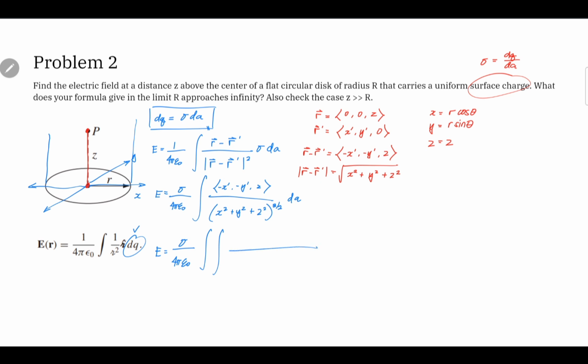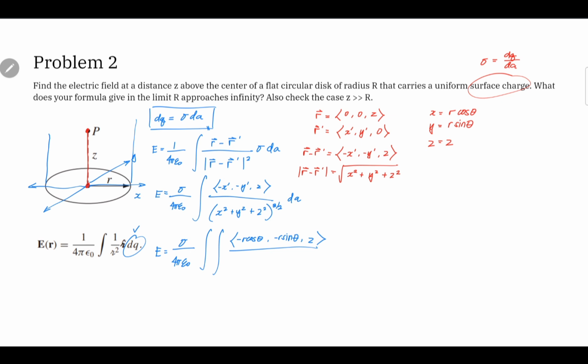Now we can have x as negative r cosine of theta, you can have y as negative r sine of theta, and your z remains the same.